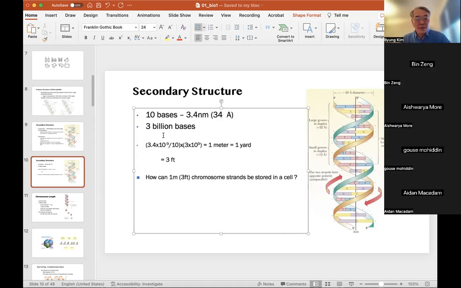For 10 bases you have 3.4 nanometers, but we have 3 times 10 to the power of 9 bases. If you do the computation, the powers of ten cancel out, and it comes out to approximately 1 meter. And 1 meter is about a yard, which is about 3 feet. So it's a fairly long sequence if you put them all next to each other.